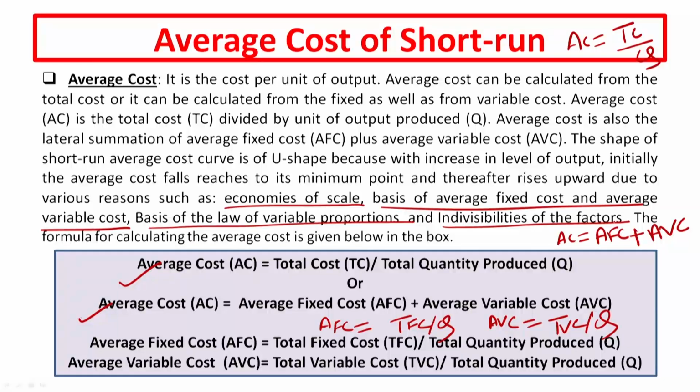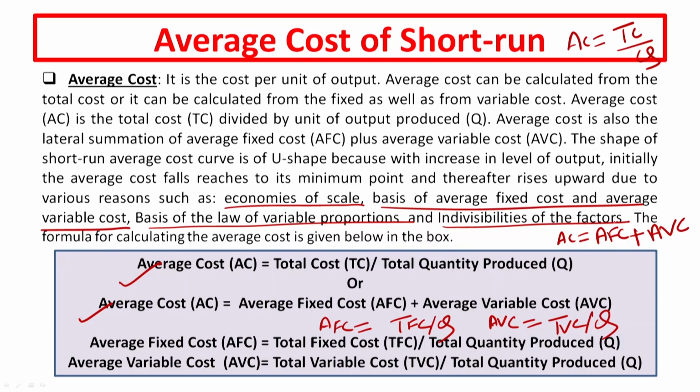That means as you increase the level of output, because of the law of variable proportion, economies of scale, indivisibility of the factors, and average fixed cost and average variable cost, the average cost curve slopes downward, reaches its minimum and thereafter increases. We have already discussed what is meant by the law of variable proportion and economies of scale, you know about these.